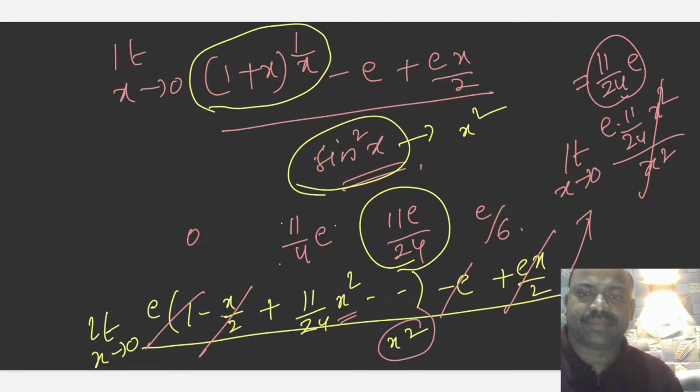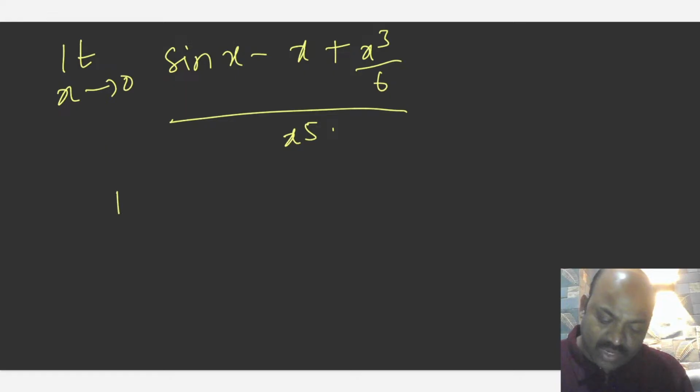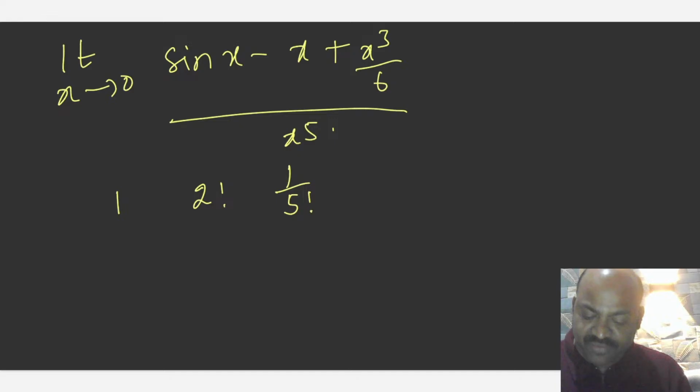Now the next question is limit x tends to 0, these are the last one or two questions on limits, divided by x power 5. Options are 1, 2 factorial, 1 by 5 factorial, 1 by 5. Give me a quick answer.